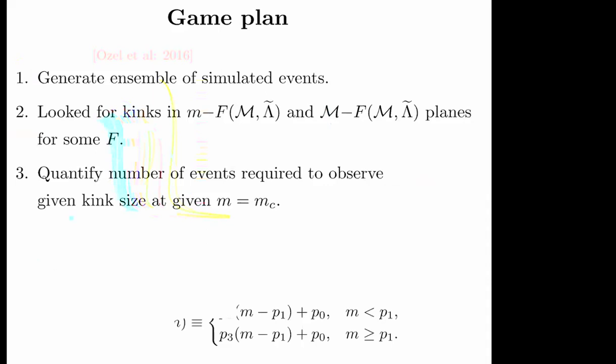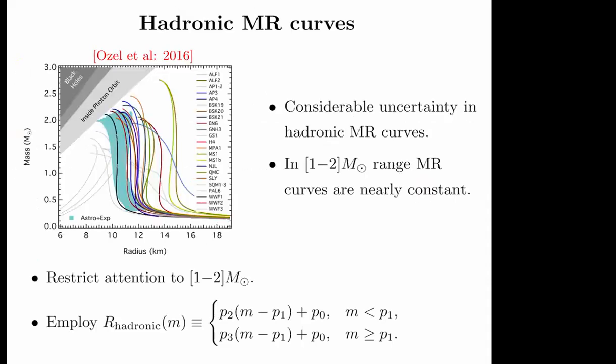So let's look at hadronic MR curves for a minute. This is a plot that I've stolen from this paper by Ozel in 2016, where she plotted the MR curves for a large collection of microscopic equations of state. You see here that there's considerable uncertainty in the radius.